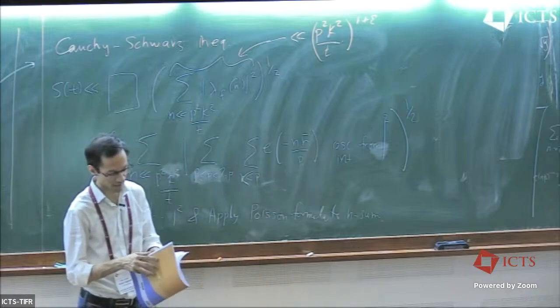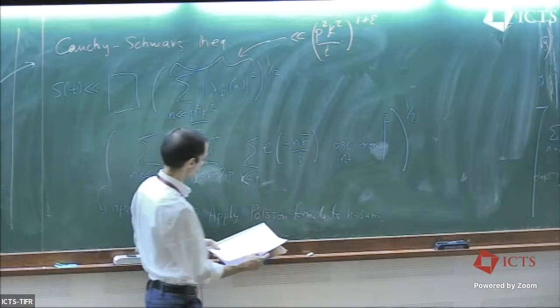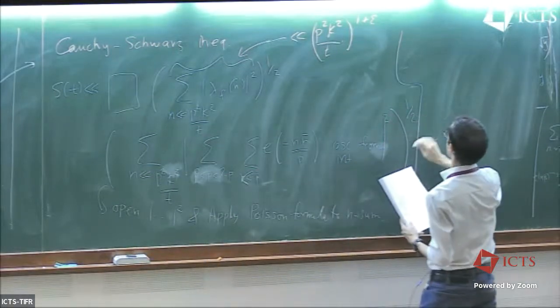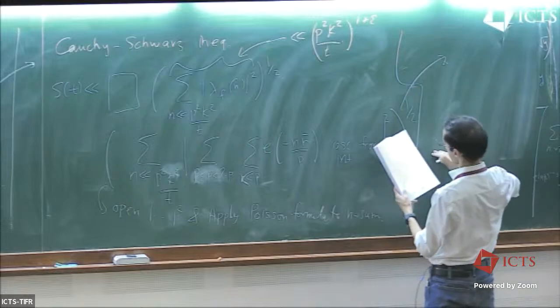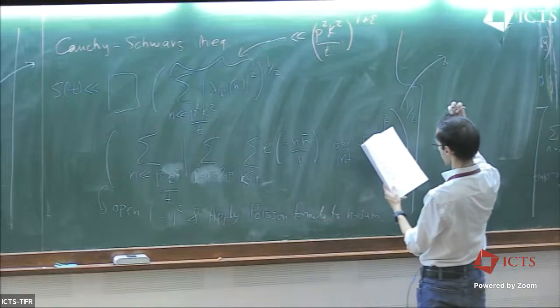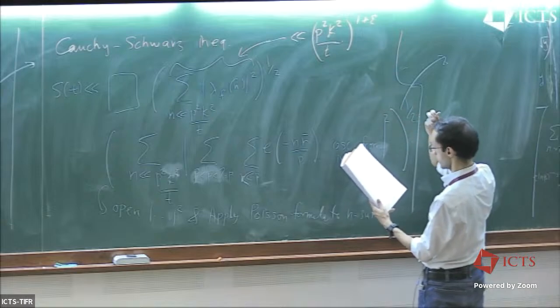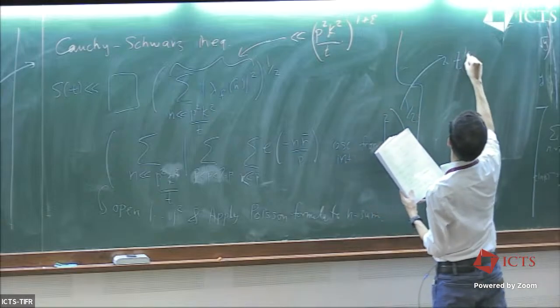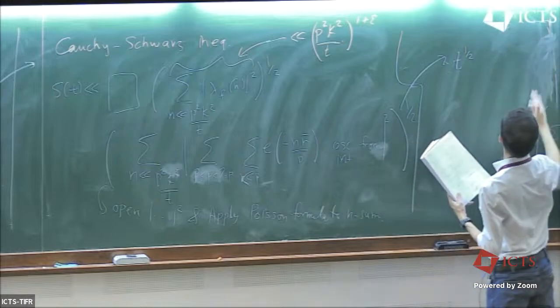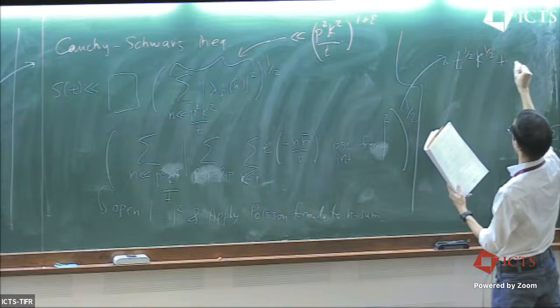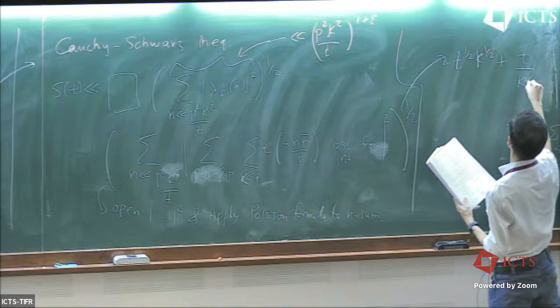And maybe let me just write. There's a nifty thing that happens. After all of this analysis, the bound that you get turns out to be actually independent of the parameter p. The bound that you end up getting is like t to the 1/2 times k to the 1/2 plus t over k to the 1/4.